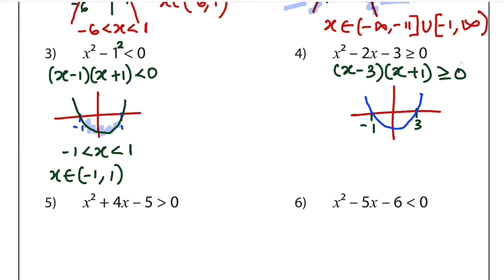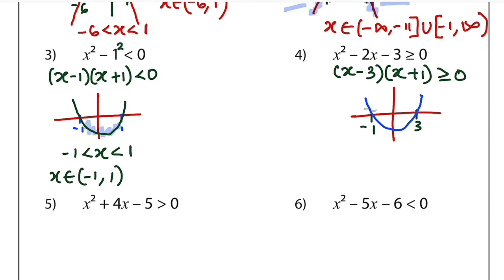Something like this. And you should know that it is greater than 0, meaning it is positive. So this is where it is positive on these legs, and this one above the x-axis. So it is from -infinity down to -1, and from 3 way down to +infinity. X belongs to the set of values from where?